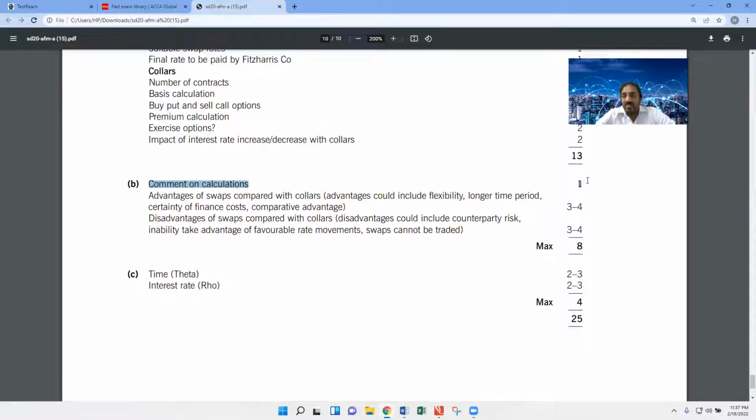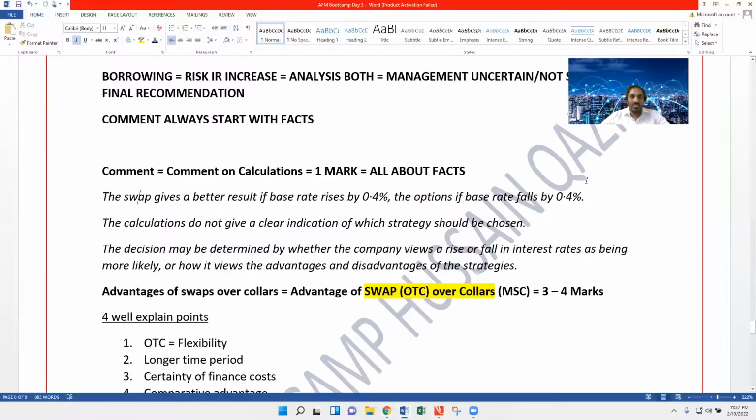But what I personally think, in the examination context, is that comments often carry more marks, 2 to 3 marks, sometimes 4. So always start the comments with the calculation.